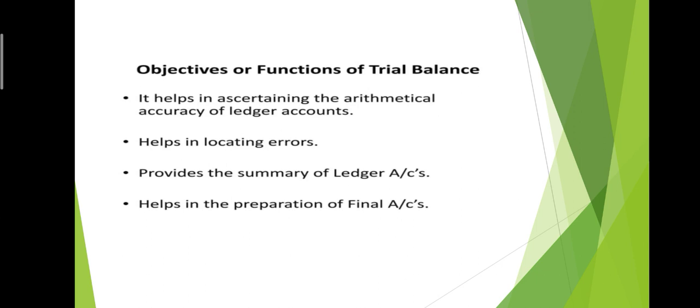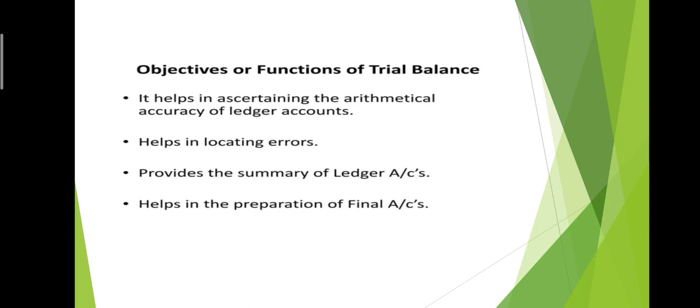The first objective is that it helps in ascertaining the arithmetical accuracy of ledger accounts, to ensure the transfer of the balance of each ledger account to the respective column and the totaling of the trial balance correctly.